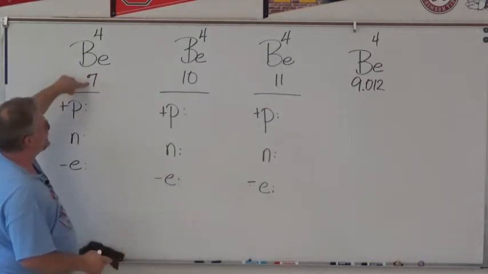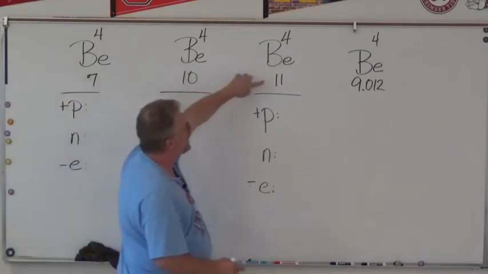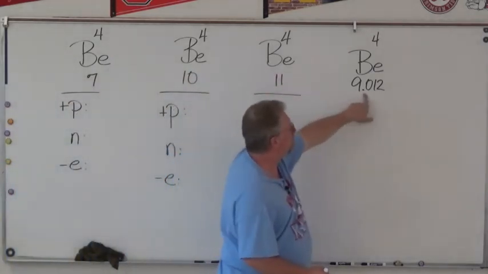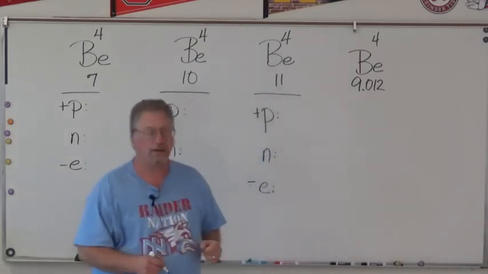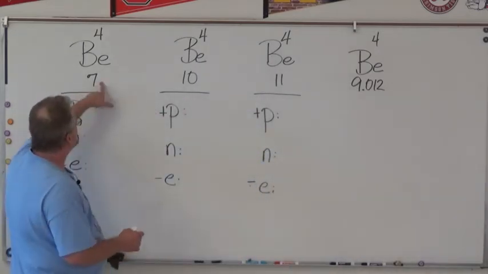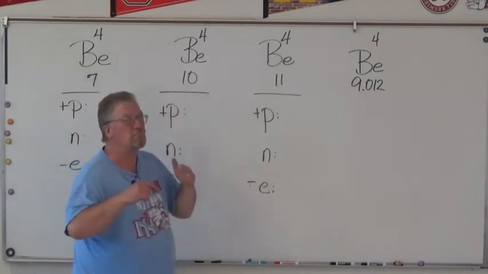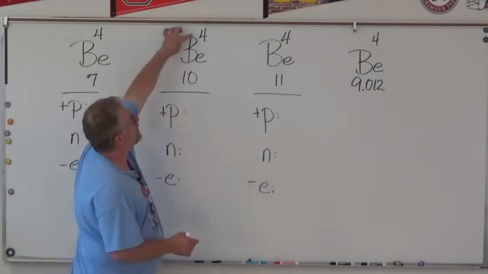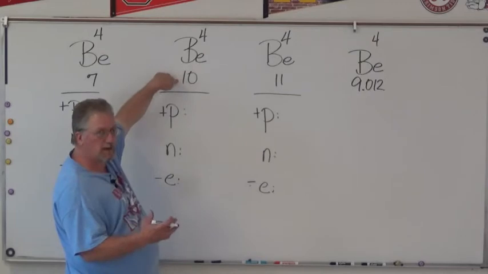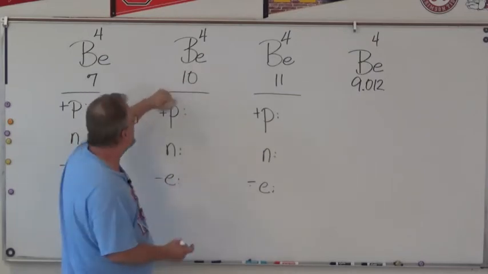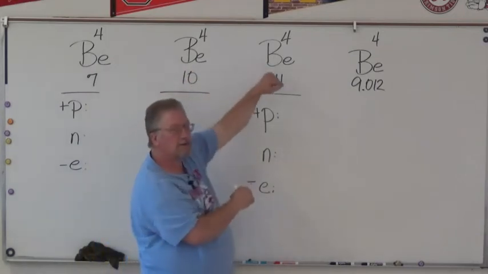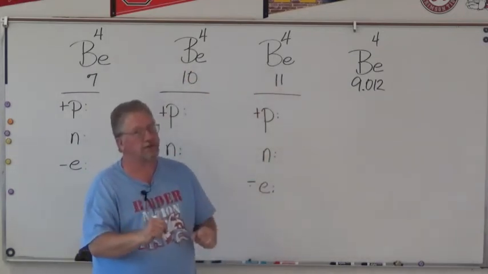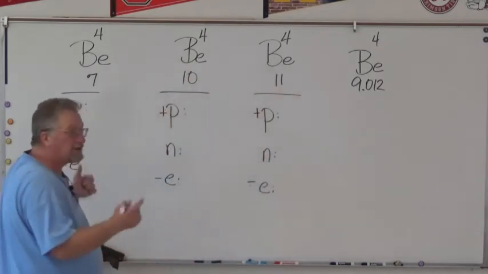Look at the mass on the bottom. These are whole numbers, not some 0.0 whatever after the end of it. That means that each one of these berylliums has a different mass. Remember, the small number is the atomic number. The big number is the atomic mass. So the big numbers are changing, and that's what creates the different kinds of beryllium, or different kinds of an element.